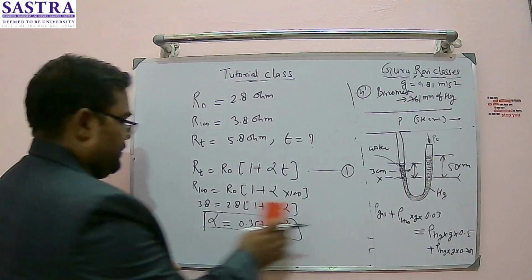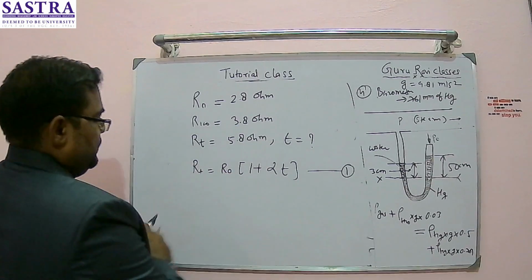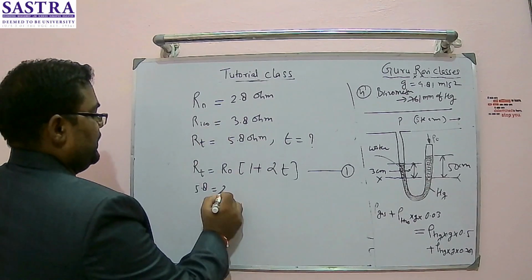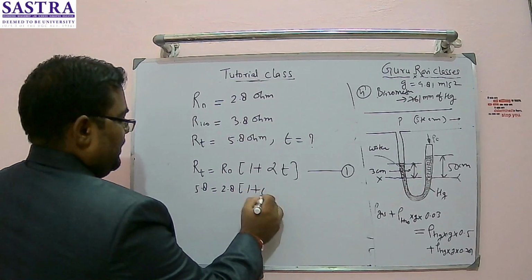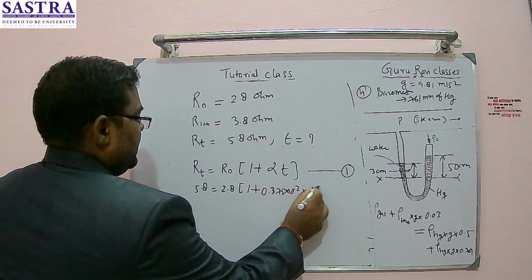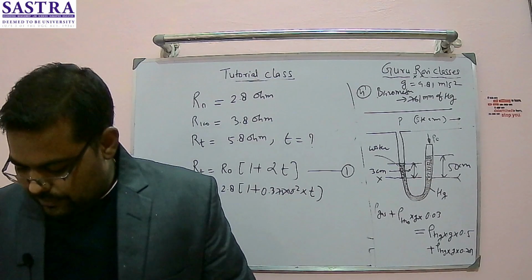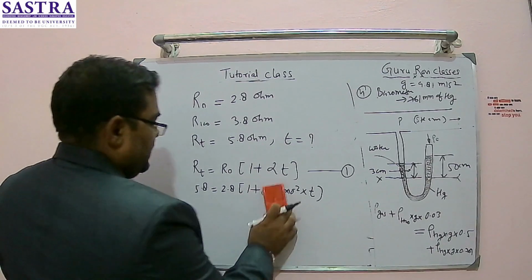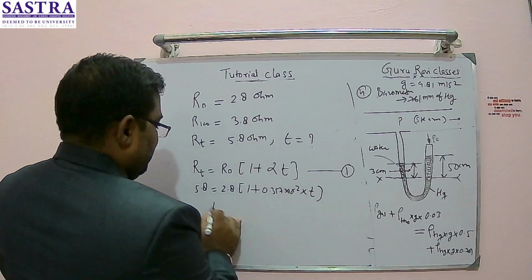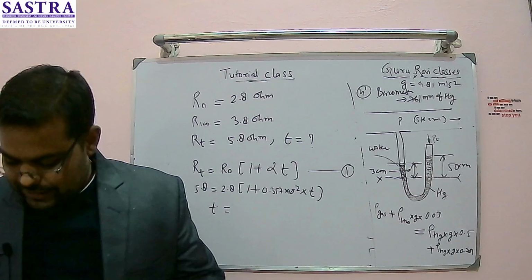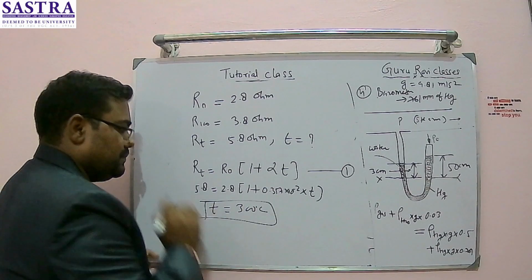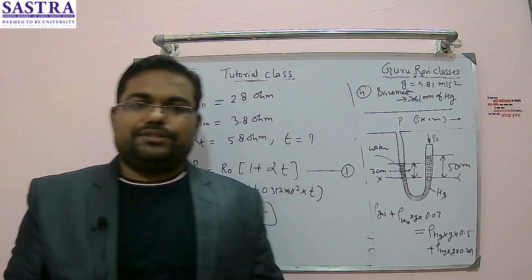So RT is given as 5.8, equal to R naught, which is 2.8, times 1 plus whatever alpha you got, 0.357 times 10 to the power minus 2, into T. This T needs to be calculated. So T can be calculated out of this. The corresponding T is coming around 300 degrees C. That's all. Like that you can solve for a platinum resistance thermometer.